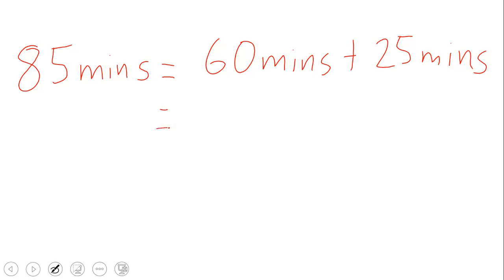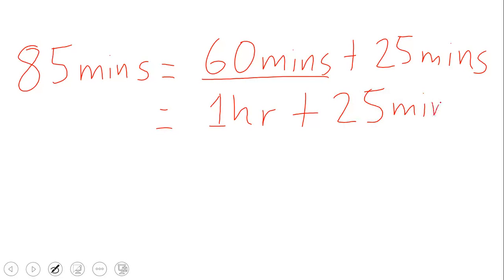But what is 60 minutes? 60 minutes is 1 hour. So we have 1 hour and 25 minutes. So therefore, 85 minutes is indeed 1 hour and 25 minutes.